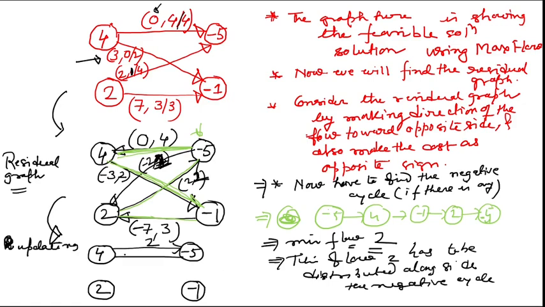This side it will be 2. This is done. Next, you just make this 2 to -1. You have to pass 2 now. The 2 to -1, you have to pass 2. Already the capacity is there. How should we manage it?